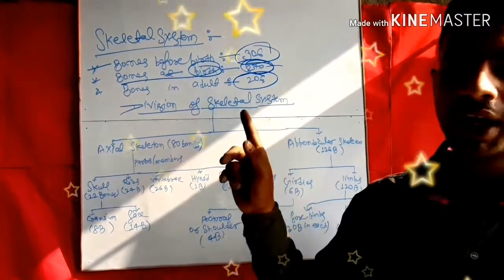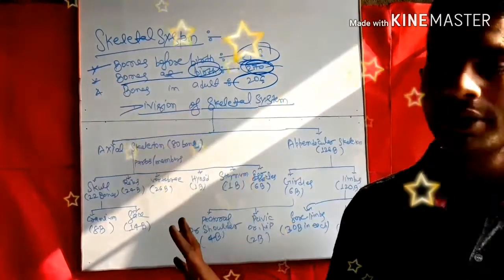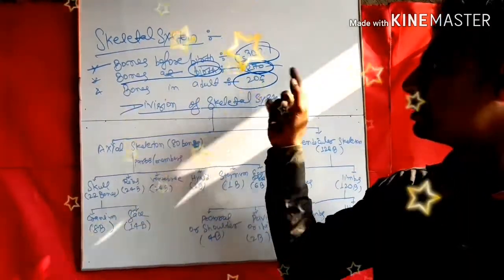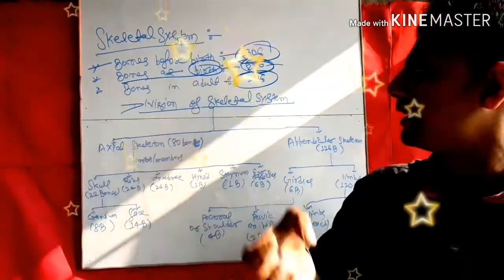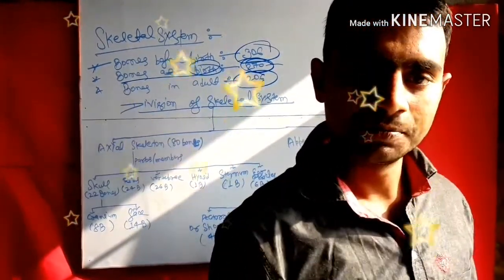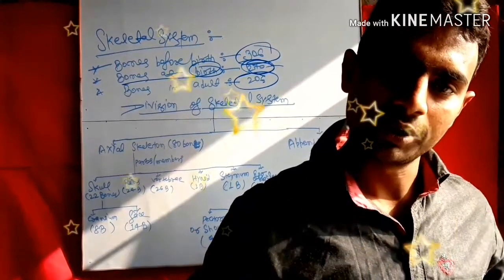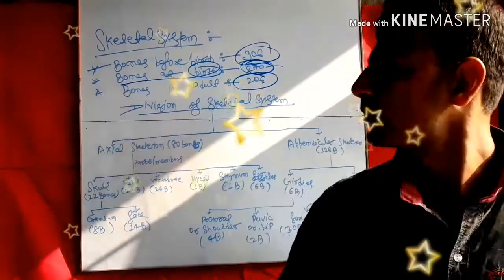Never forget that the number of bones before birth is 306, at birth 270, and in adult we have 206 bones.